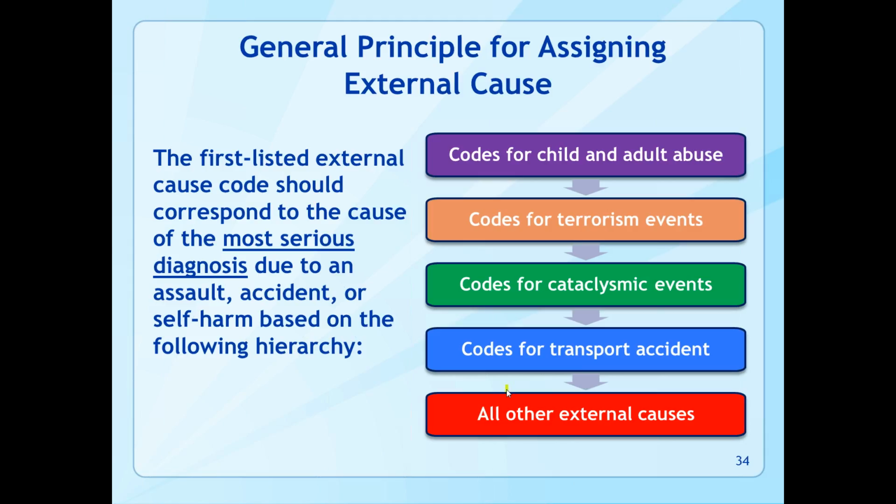So, again, following this priority here, you would list the cataclysmic event before the transport event, before the other external cause, which would be the struck by the tree.